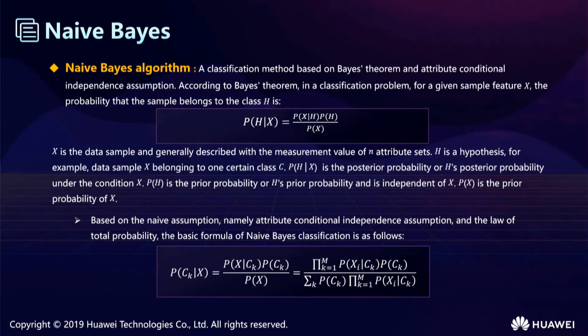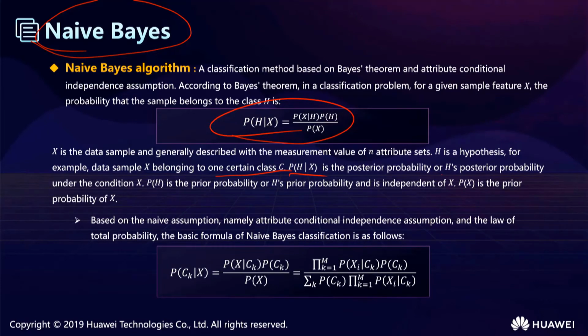Let's see how we use probability to do classification. Naive Bayes is based on this core idea. It uses probability to do the classification. We can see from the formula that X is the data sample, generally described with the measurement values of n attribute sets, and H is a hypothesis, for example, that the data X belongs to a certain class.